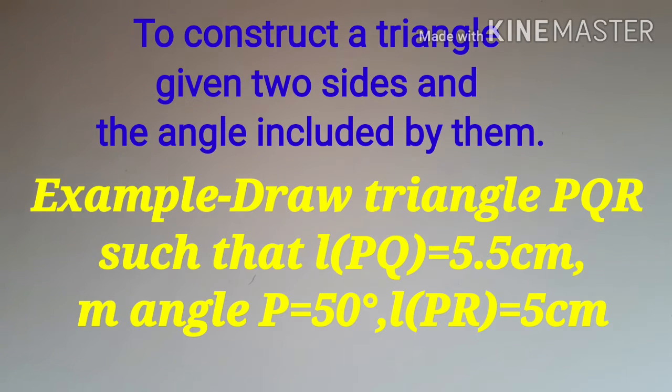Hello students. In the earlier period, we learned to construct a triangle given the lengths of its three sides. That means the lengths of three sides were given and we constructed that triangle.